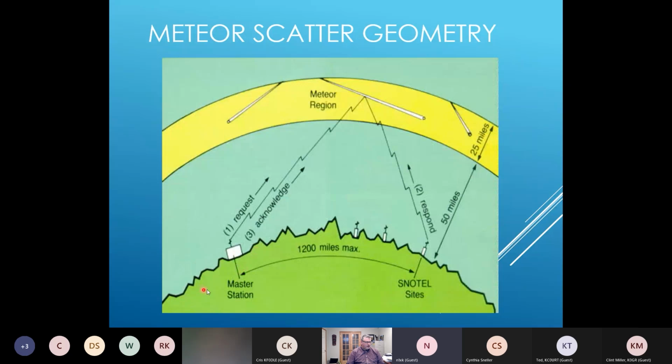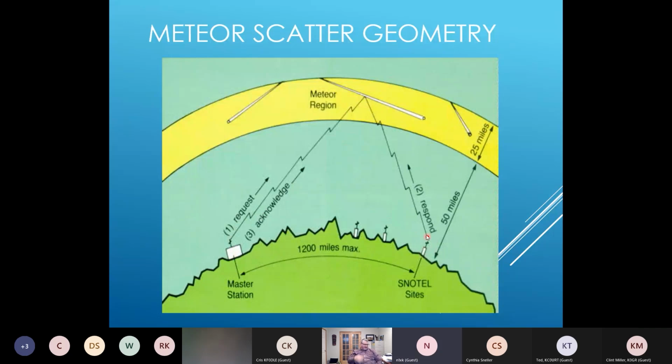So here, this cartoon shows the transmitter and the receiver and what's going on up in the meteor region. So it's fairly thick, so it ranges from there to there. What you're looking at is your transmitter will send off a signal. Maybe a meteor will be there, bounces off, and sends it down to the receiving station.